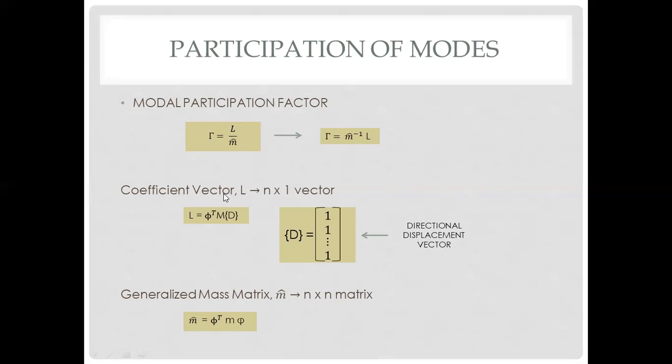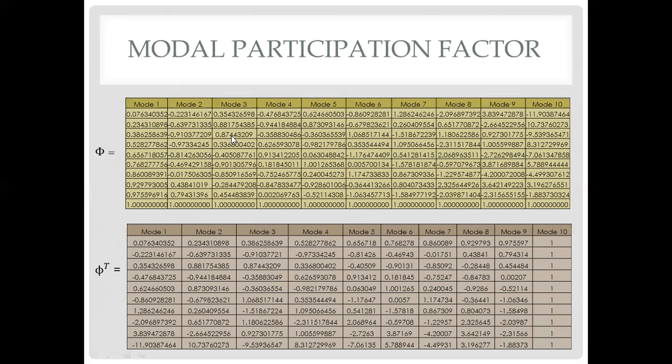L is the coefficient vector, so this is its formula. We will also use the directional displacement vector and the generalized mass matrix, or m hat. So, we will get these two first to obtain the modal participation factor.